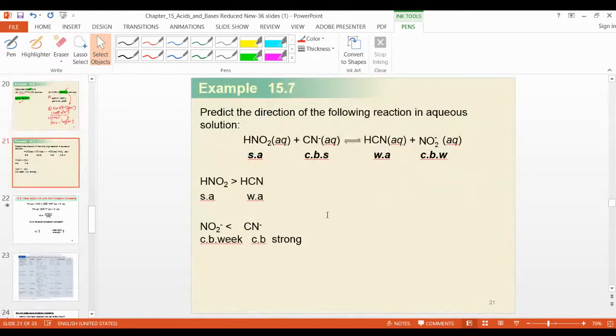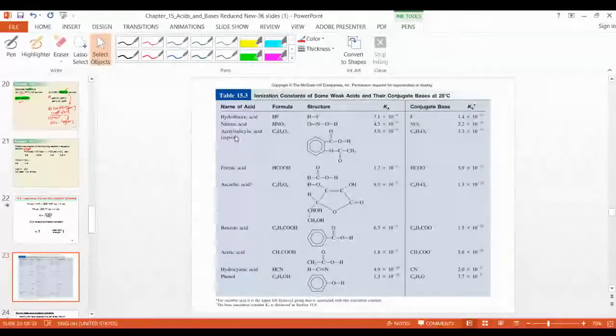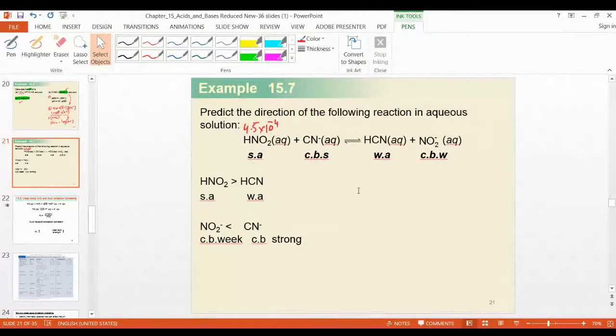So now I will write here, then you understand. HNO2 is 4.5 times 10 to the power minus 4, okay, this is the Ka value, and this value is 4.9 times 10 to the power minus 10.